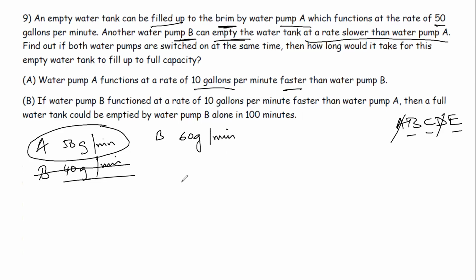Right. Then a full water tank could be emptied by water pump B alone in 100 minutes. So basically it's saying if it was 10 gallons per minute faster, meaning 60 gallons per minute, then in 100 minutes the entire water tank could be emptied. A full water tank could be emptied by water pump B alone in 100 minutes. So we now know that 60 into 100, 6,000 gallons is the capacity.